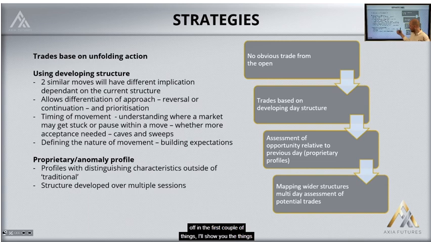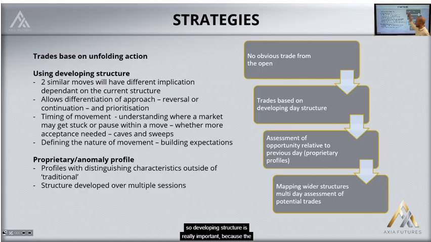And I'll start this off, and the first couple of things I'll show you are things that we have already discussed, but I want to go into a bit more detail of why certain things happen and how, what you're expecting to see within these types of moves. Developing structure is really important because the way a market gets to a point changes the reaction and action that you're going to get at that point.